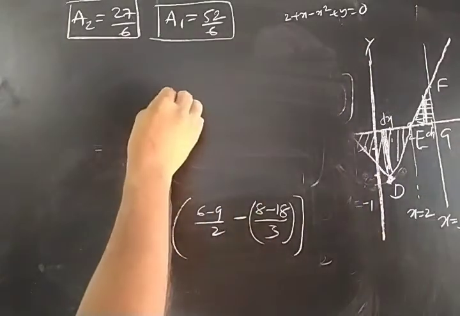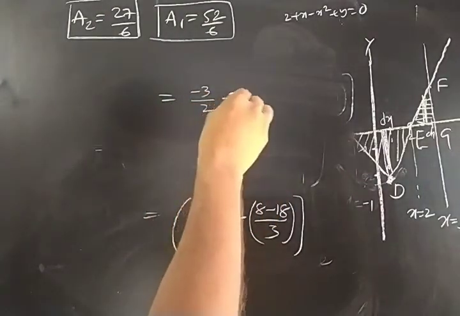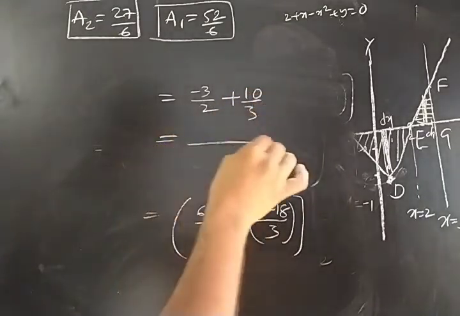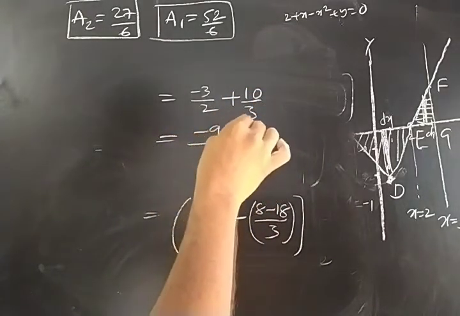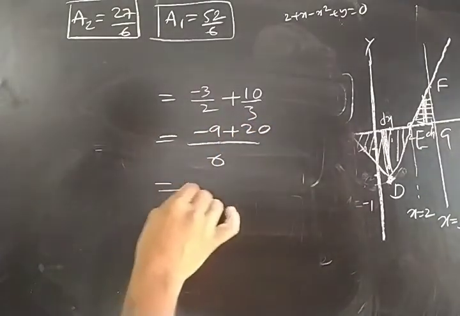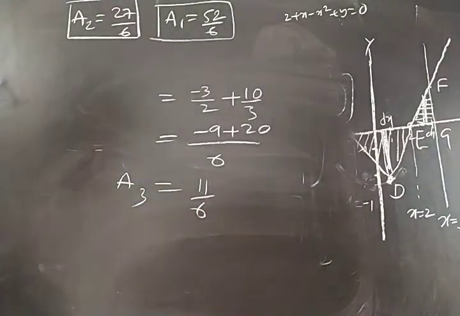Right, here 6 minus 9 is minus 3 by 2, here minus 10 by 3, so plus 10 by 3. LCM is 6: minus 9 plus 20, 11 by 6. This is A3. 11 by 6 is A3.